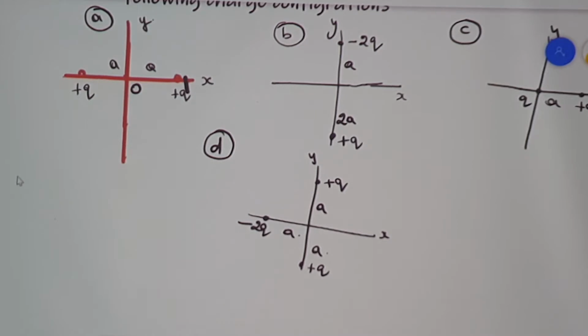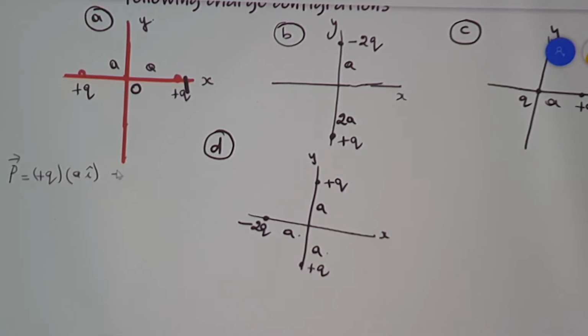So I can write the dipole moment p vector is equal to, first of all, considering this positive charge, plus q multiplied with the distance from the origin. So O to Q you have a, so a along i cap.